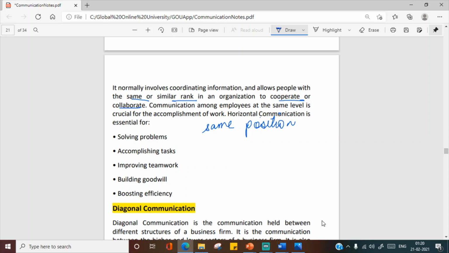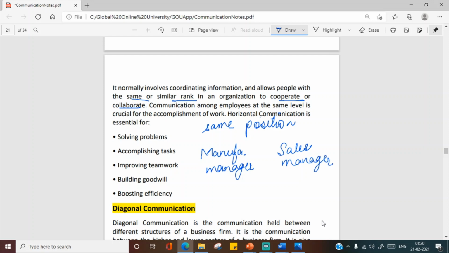For instance, there is a sales team and a production team. There is a manager for manufacturing a product, and there is a manager for selling that product. So here these people are of the same status.